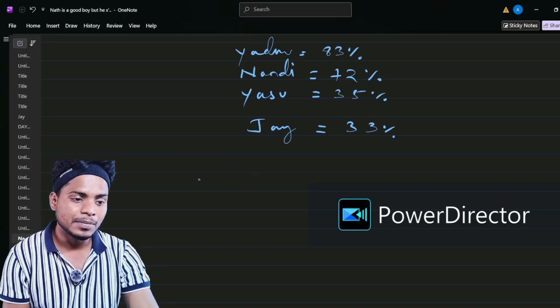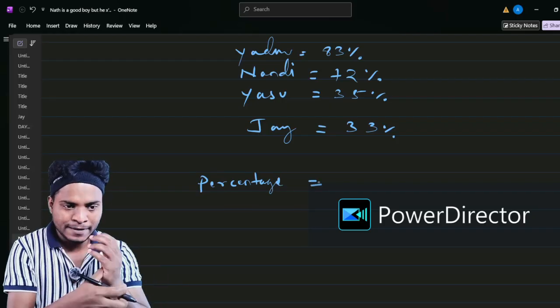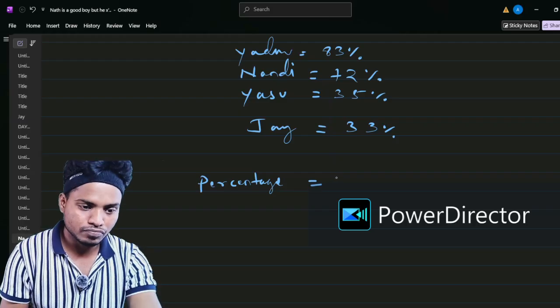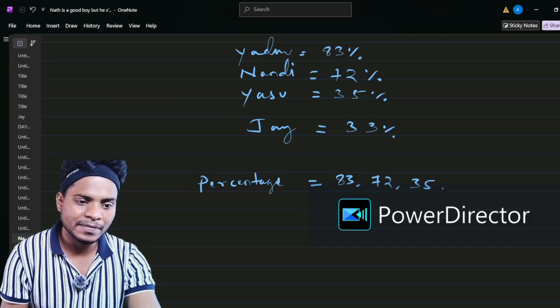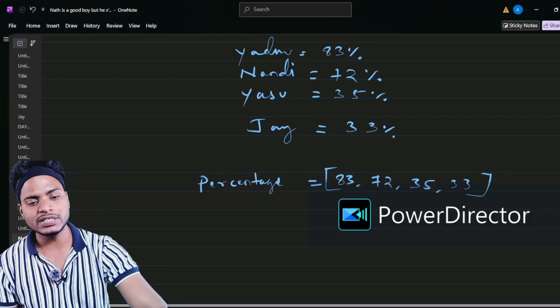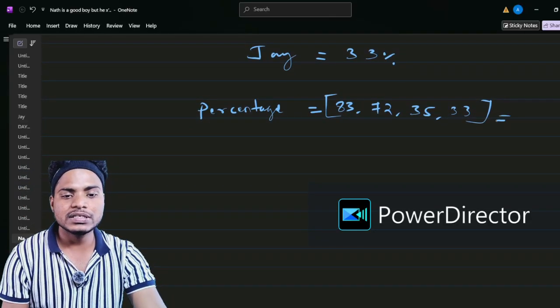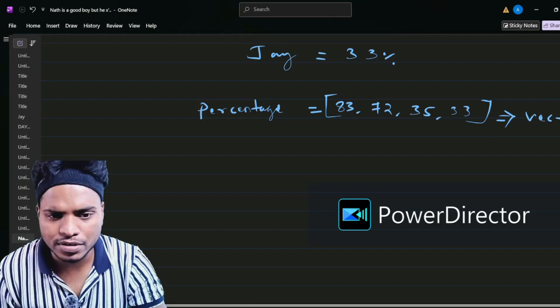I would say, percentage equal to 83, comma, 72, comma, 35, comma, 33. You understand? Now, as I have mentioned here, this is a vector. So what do you understand when I say vector?